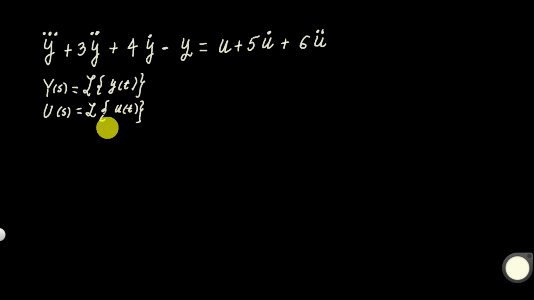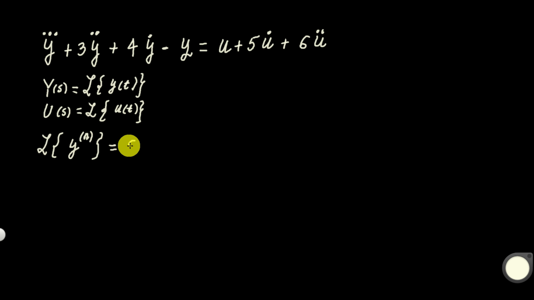The main tool for converting this differential equation to a transfer function form is the following equation, namely the Laplace transform of the nth derivative of the output, where the nth derivative is denoted like this, is given by this formula.